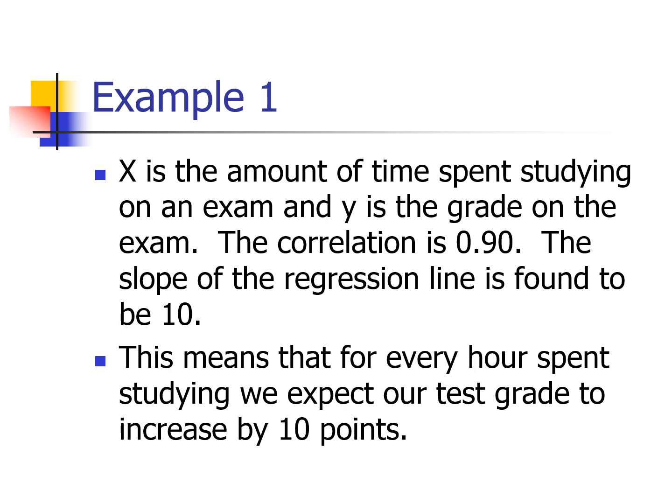Now, how would we interpret that slope? We would interpret the slope as saying that for every 1 unit of x, in this case for every extra hour that we spend studying, we expect y, our test grade, to increase by 10. In this case, our units are percentage points, so it increases by 10 points.